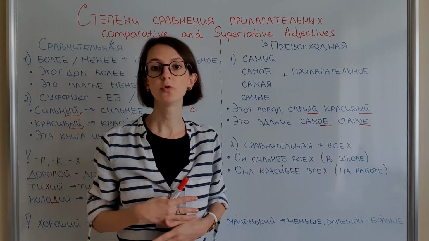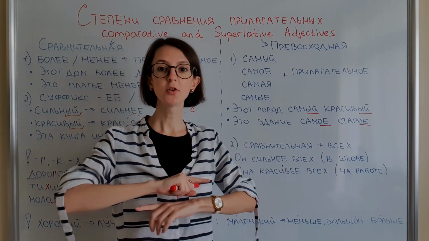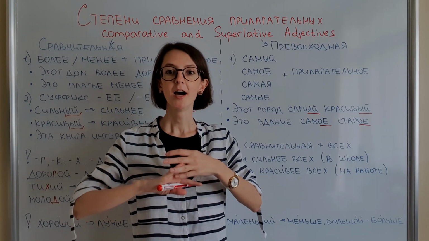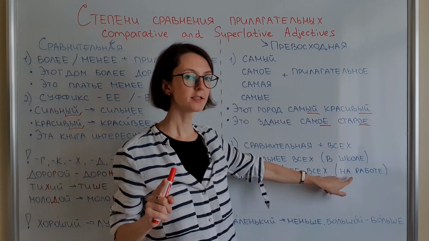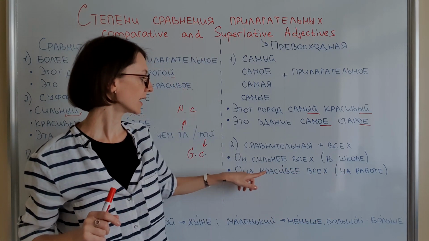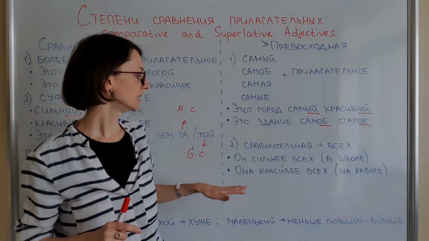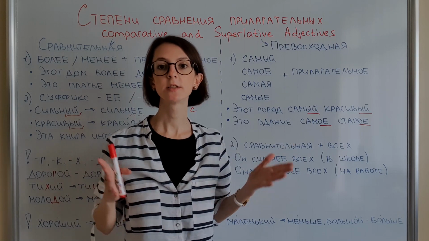She is the most beautiful where? На работе. Not in the whole world, not in the city, not in Russia. No, only at work. Она красивее всех на работе. She is the most beautiful among everyone at work.